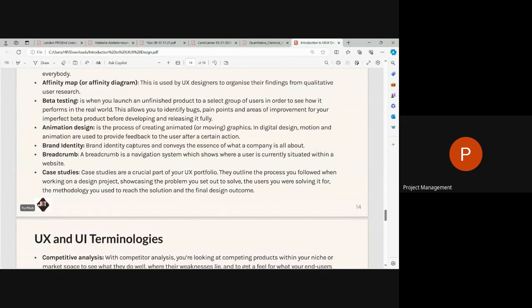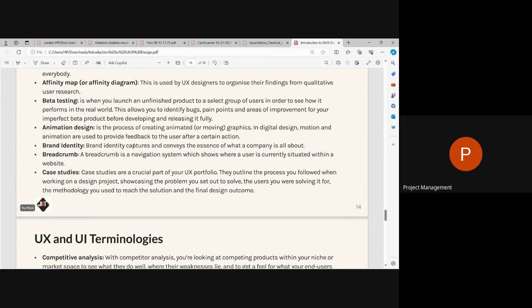You now see something like home slash service, the steps you've been taking, the screens that you've visited from the onset, so that you will not be confused at some point. Maybe you are on one screen and you don't know how to go back. The breadcrumb will help you navigate. It's just for easy navigation.